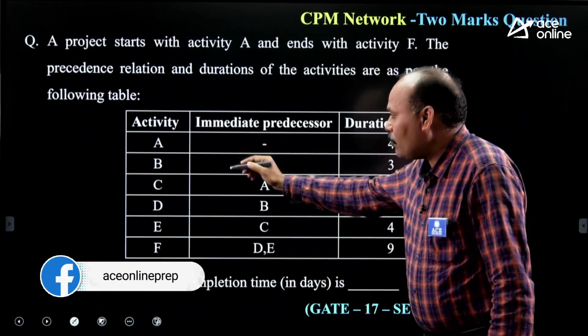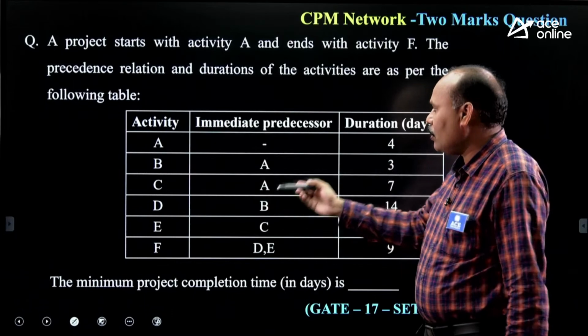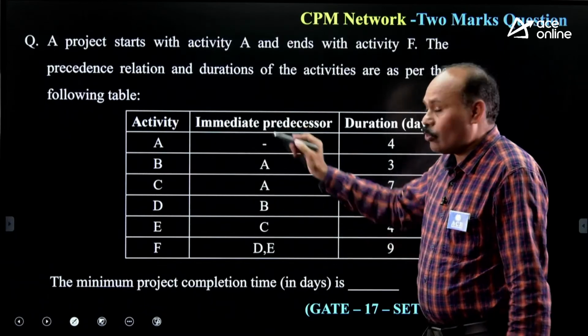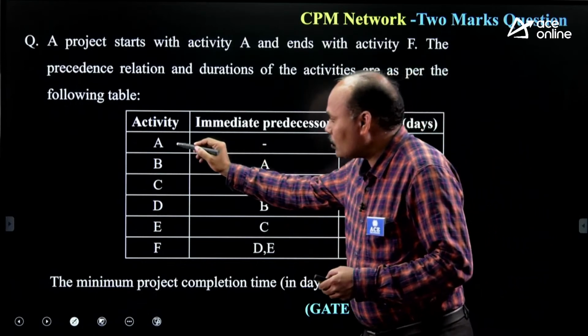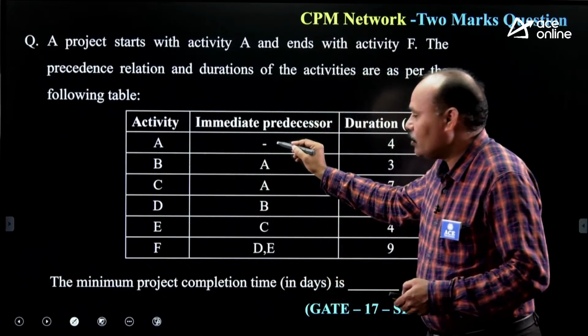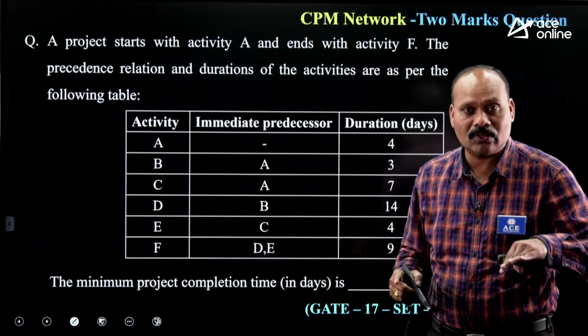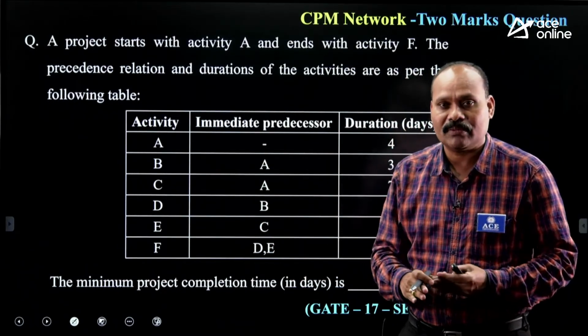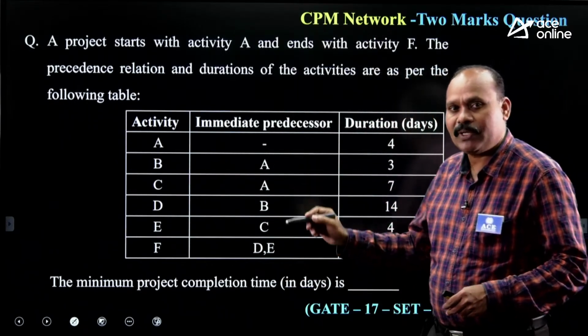Here a table is available. In the table, 3 columns you can see: activity, predecessor, duration. So what is the meaning of predecessor? Condition. To start activity A, there is no condition. So A depends on dash. It is understood that A is a starting activity. B begins after A. So condition for B is A completion.